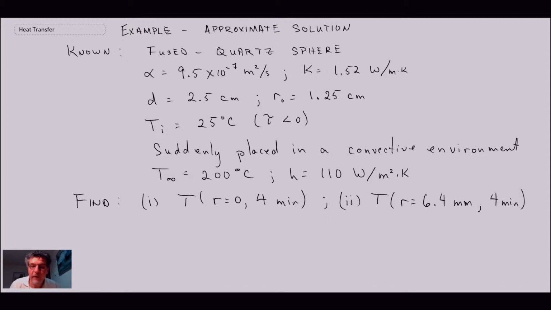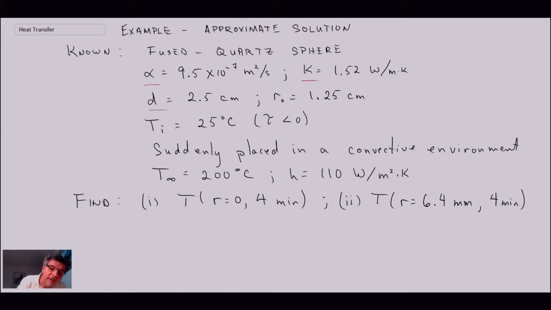Okay, so there is our problem statement written out. What we have is a fused quartz sphere, diameter 2.5 centimeters. We're told the thermal diffusivity as well as the thermal conductivity.